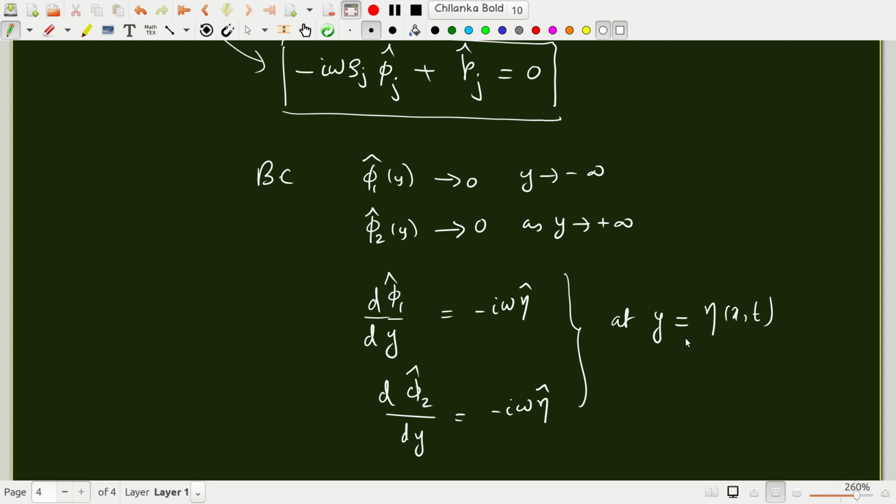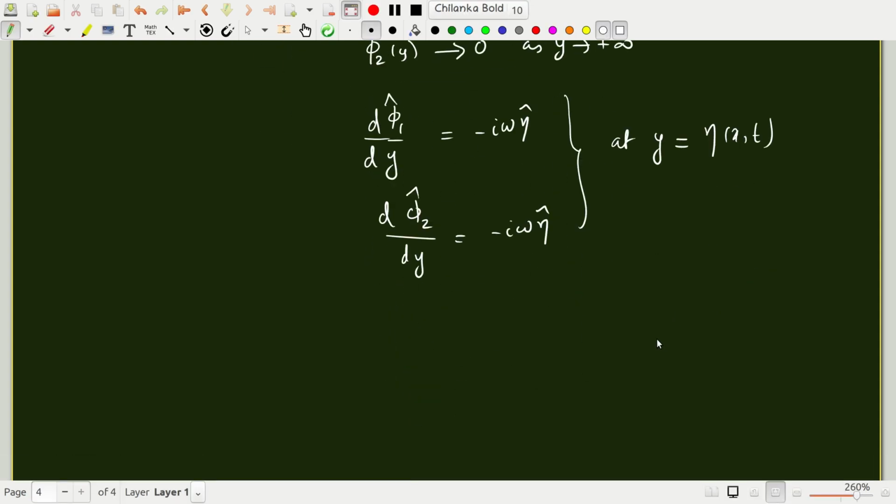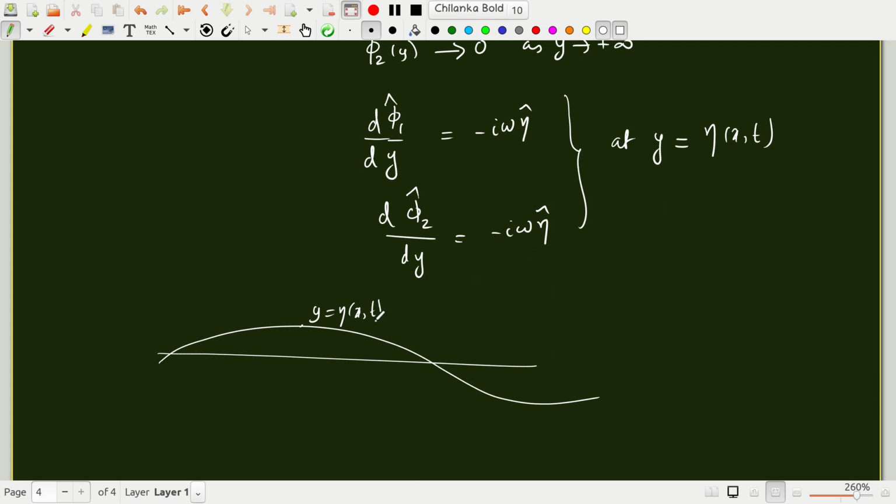Okay, now a very important feature about interfacial instabilities is that the perturbed location y equal to eta of x t is unknown, and because in a linear stability analysis this is a small quantity, you can Taylor expand the quantities from the perturbed unknown location to the unperturbed known location, thereby getting explicitly factors of eta.